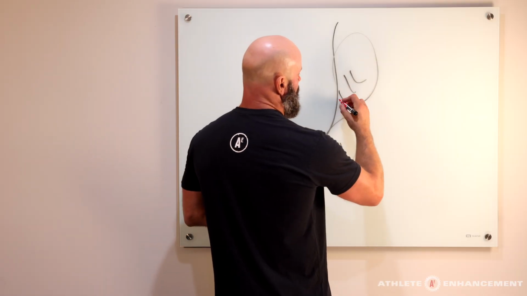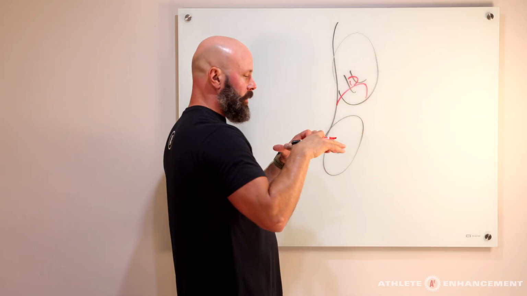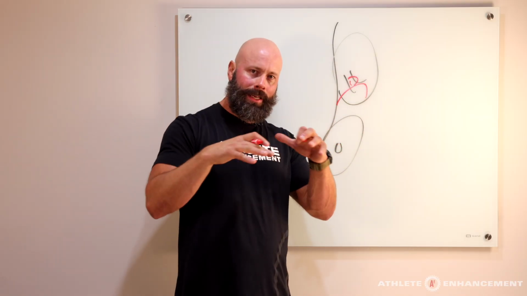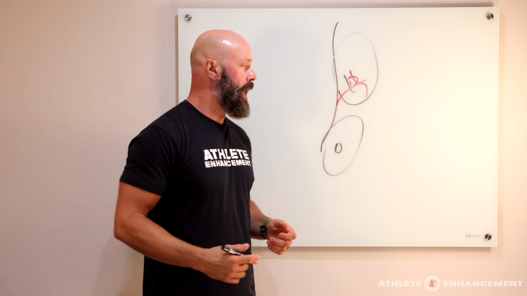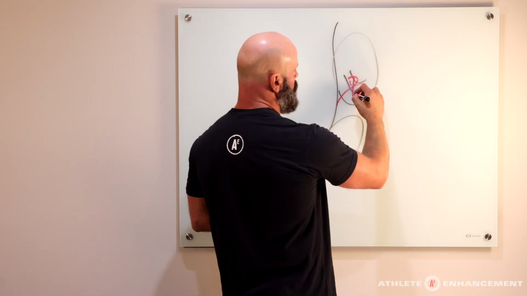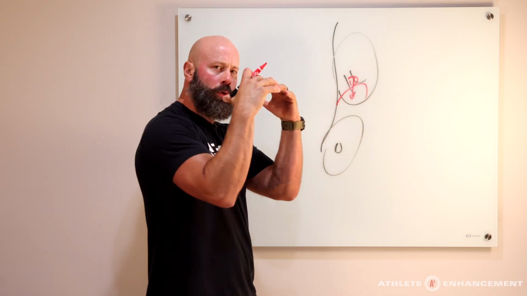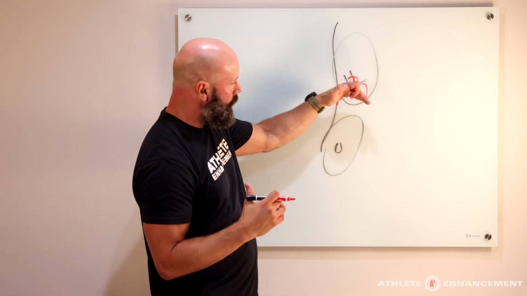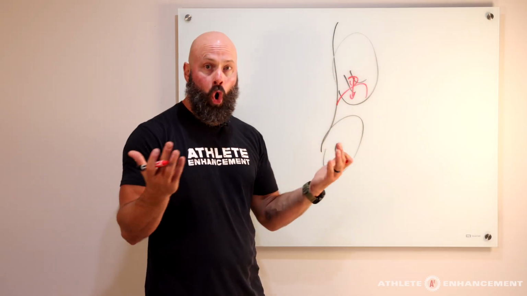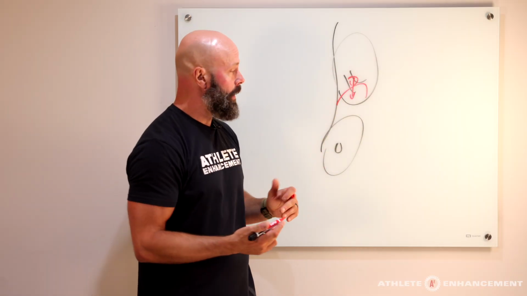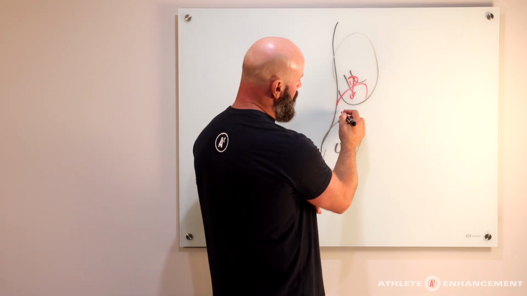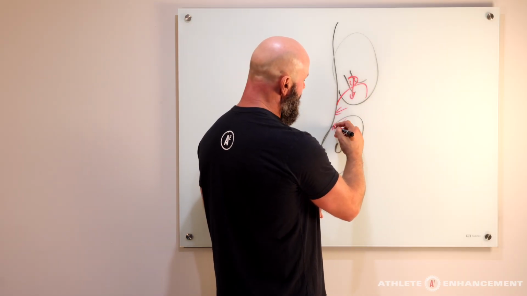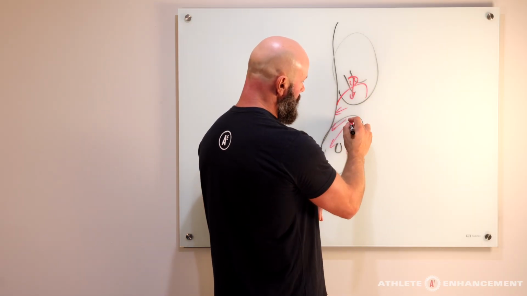So we have the diaphragm right here, right? Remember, it's a dome-shaped muscle sitting beneath the chest cavity and the abdominal cavity. And when that muscle contracts, it pulls its central tendon down towards the pelvis, caudally, right? And that essentially is going to create an outward pushing force in the belly.